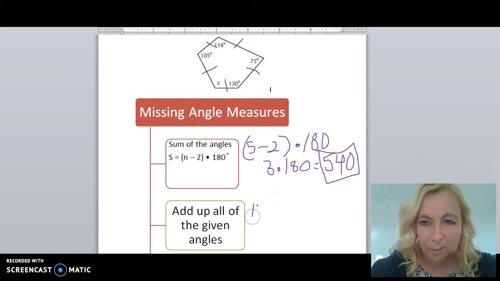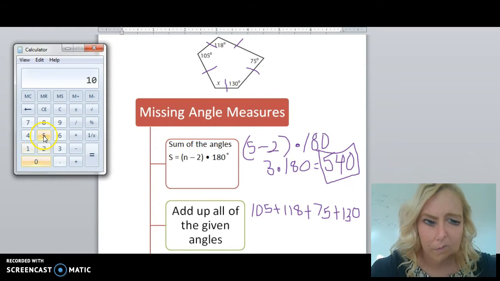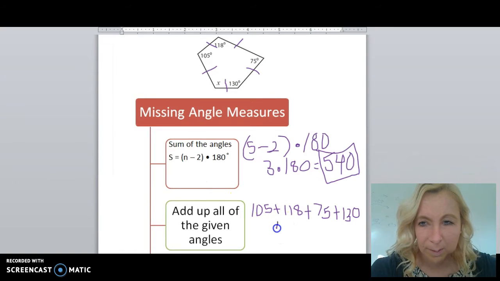So I'm going to do 105 plus 118 plus 75 plus 130. 105 plus 118 plus 75 plus 130 equals 428.